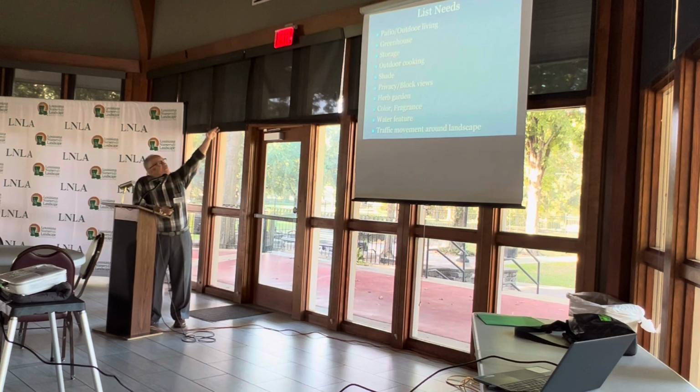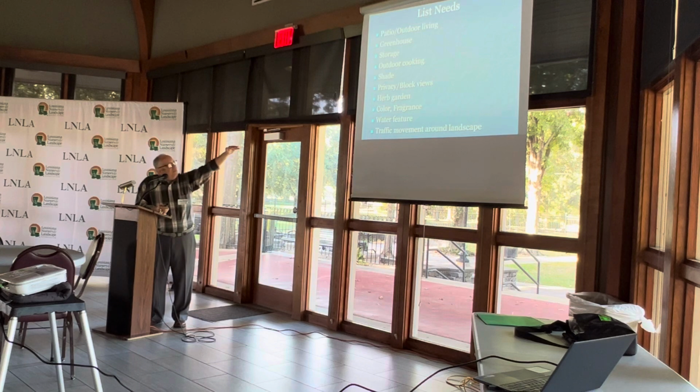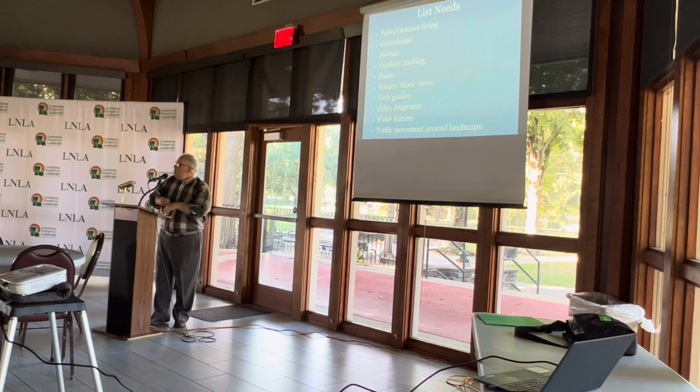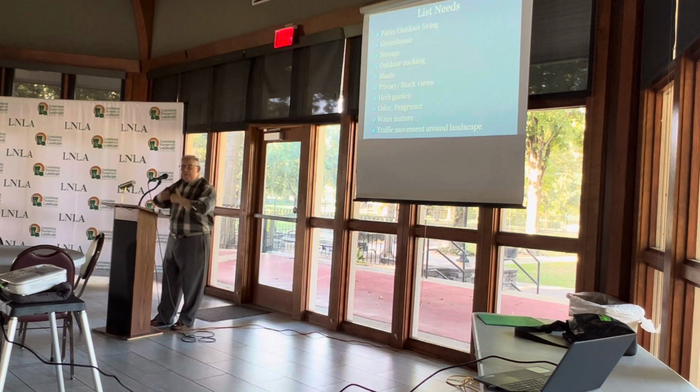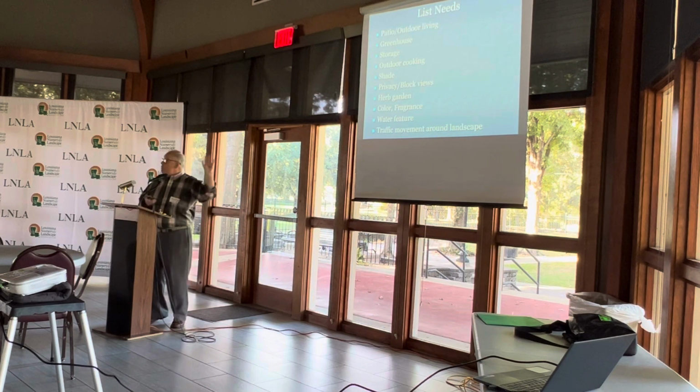A patio for outdoor living, a greenhouse, storage, outdoor cooking, shade, privacy, an herb garden, color and fragrance, a water feature, and traffic movement, so that people can move around the landscape area that I was creating. So that was my personal list.